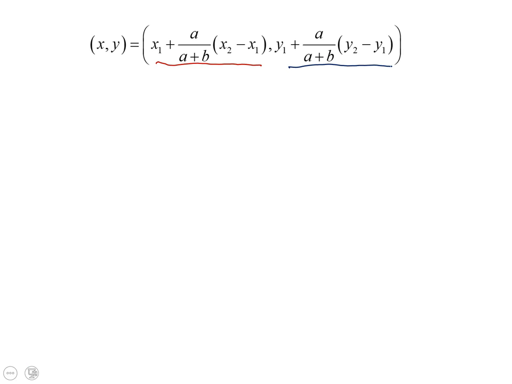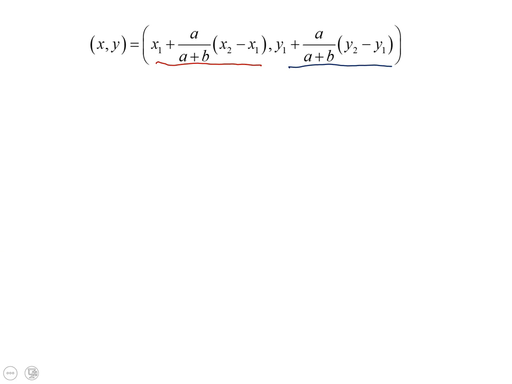So I'm going to be doing the exact same steps in both of these pieces. I'm probably not going to explain it as thoroughly for the y's because I'm just doing the same thing as I'm doing for the x's. The other thing that's different is that I'm going to have y's instead of x's. The subscripts, the a's and b's, and where they're located are all going to be the same throughout.